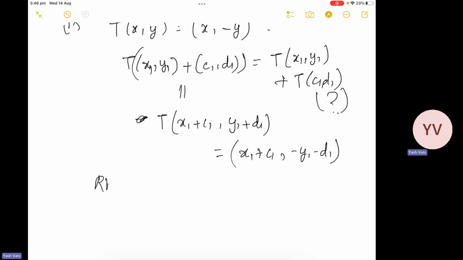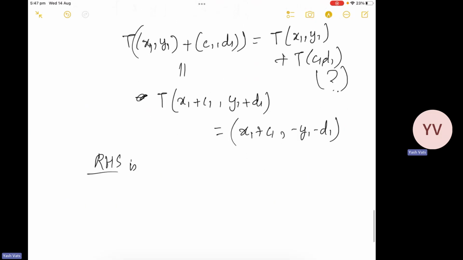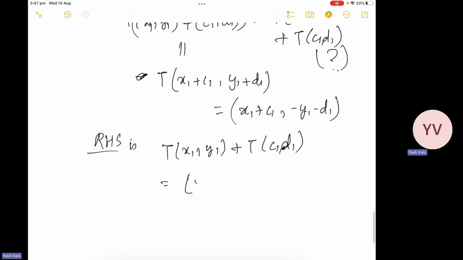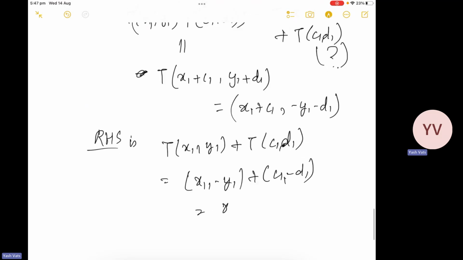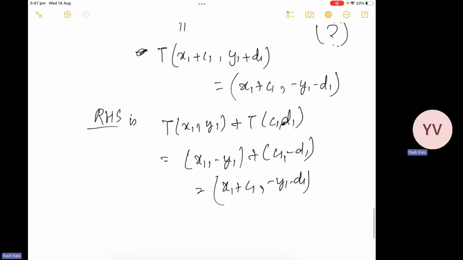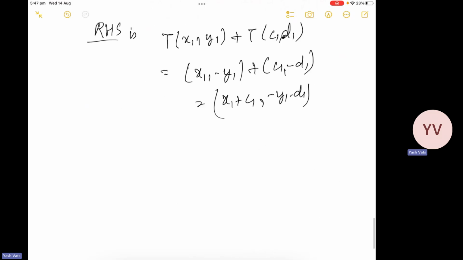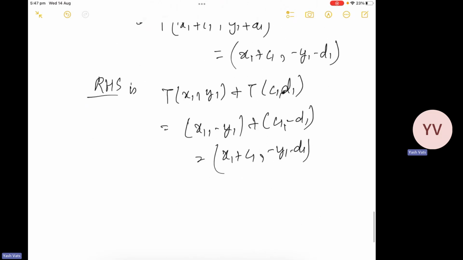and the right hand side is T(x1, y1) plus T(c1, d1). T(x1, y1) is (x1, minus y1) and T(c1, d1) is (c1, minus d1), which is the same as (x1 plus c1, minus y1 minus d1), which is the same as this.